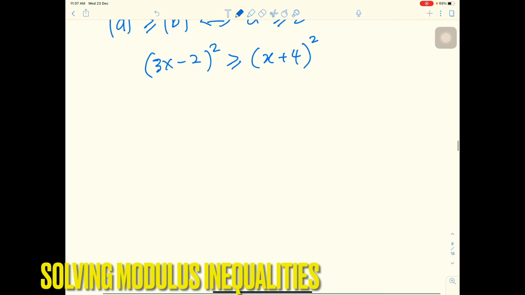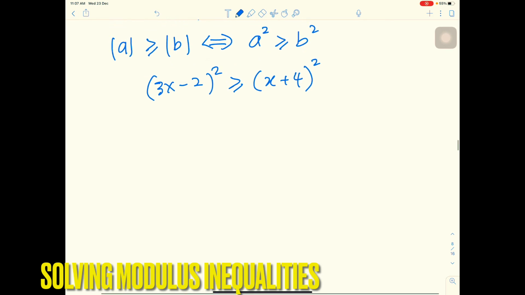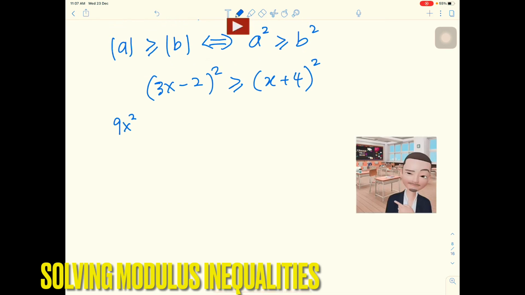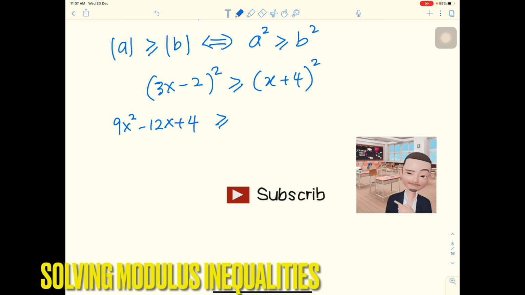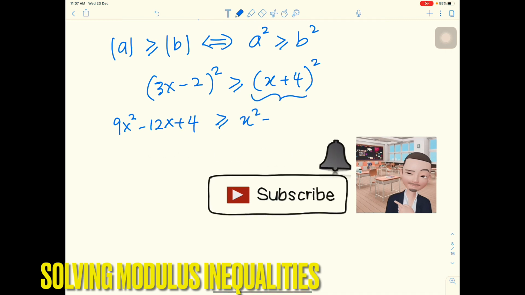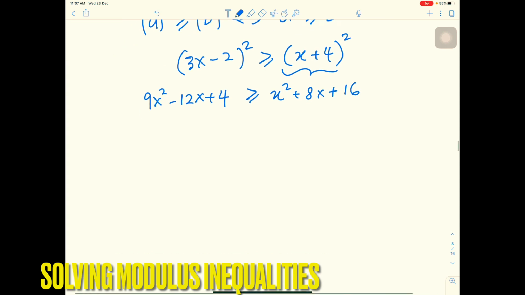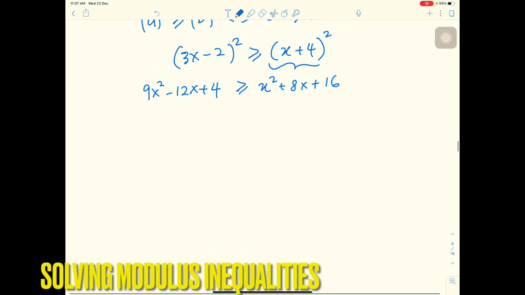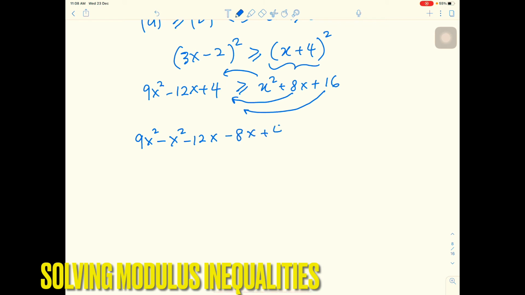And then simplify and expand, so we get 9x squared minus 12x plus 4 greater than or equal to x squared plus 8x plus 16. Bring all the terms to the left hand side, so it becomes 9x squared minus x squared minus 12x minus 8x plus 4 minus 16 greater than or equal to 0.